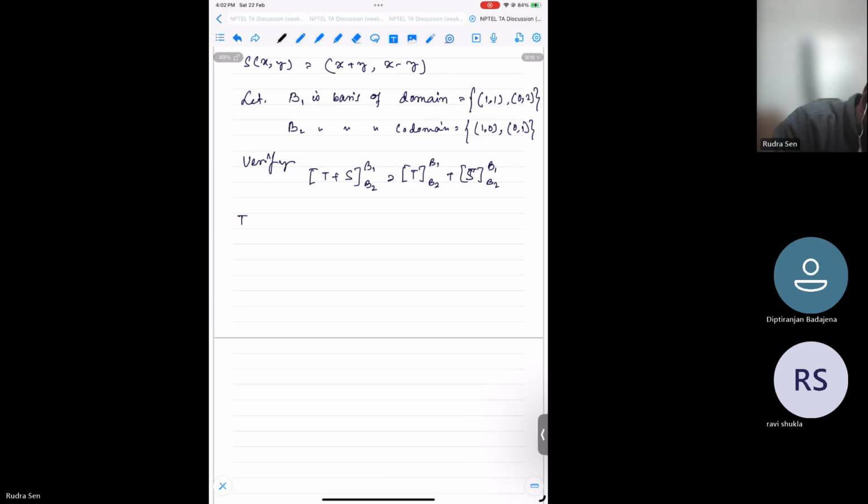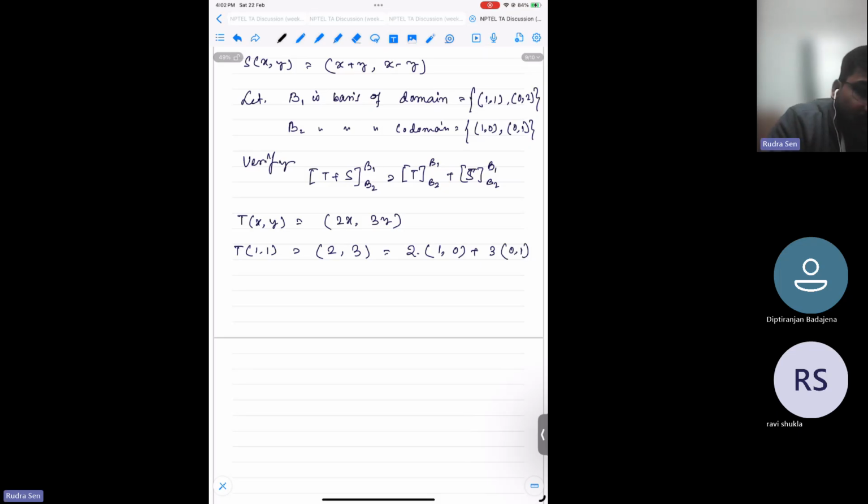So now T of (x, y) equals (2x, 3y). In the domain basis, if we take (1, 1), we will get (2, 3). Now in the codomain space, we can represent this vector with the basis vectors. So 2 multiplied with (1, 0) plus 3 multiplied with (0, 1), so we will get (2, 3).